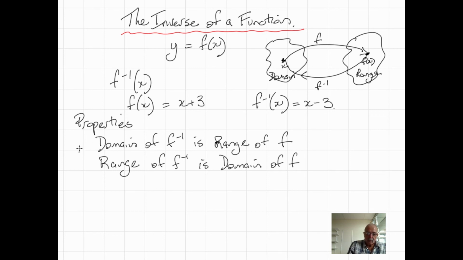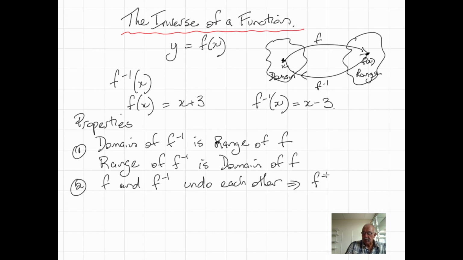So that's one property. Second property is that the original function and the inverse of a function undo each other. And another way to write that is that if we do composite functions, f to the minus 1 of f will be equal to x.